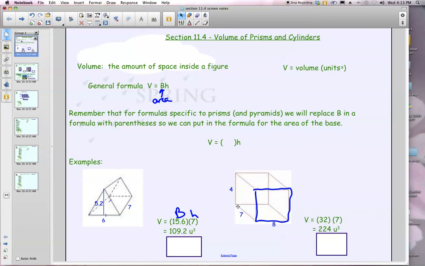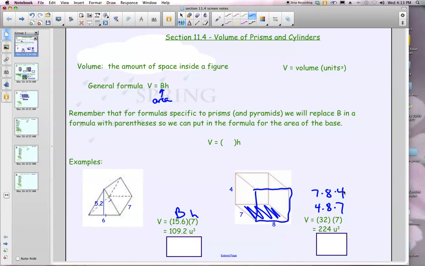It's just as well, if you want to use the bottom as the base, you would take 7 times 8 and get 56 for the area of the base, and then you take it times 4. Notice what you are doing. In this case, you took 4 times 8 times 7. If you use the bottom side as the base, you took 7 times 8 times 4.